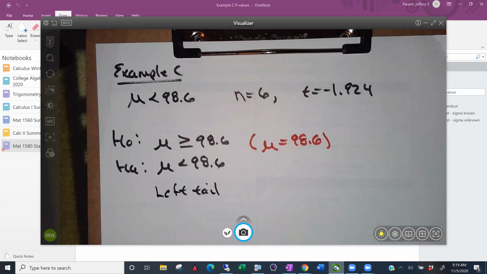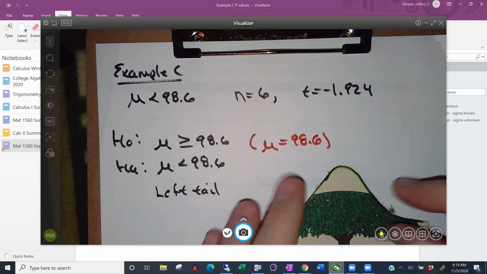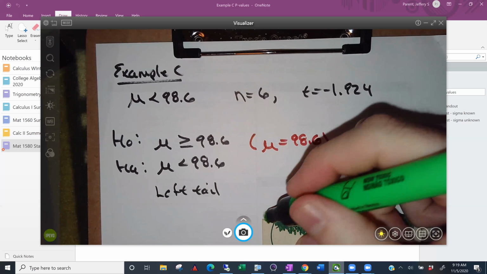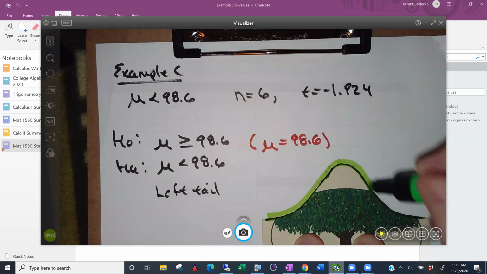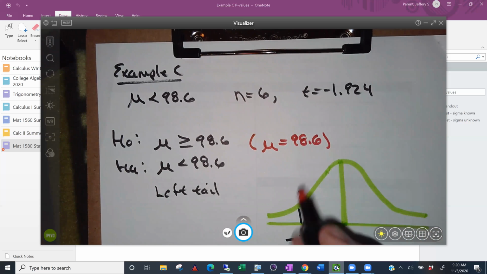So what you're looking for then is really the area to the left of that value. So there we go. So our p-value in this case is really going to be the area in the left tail here. So this little piece.